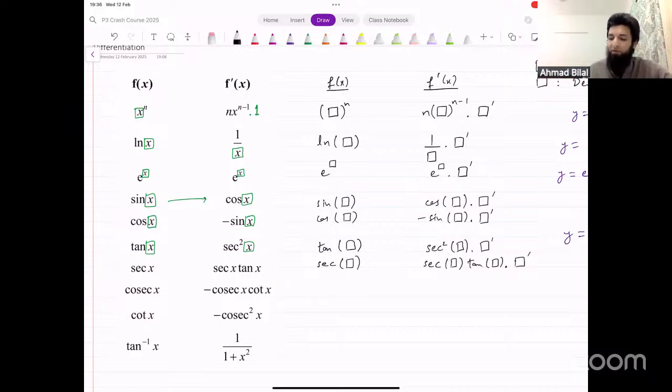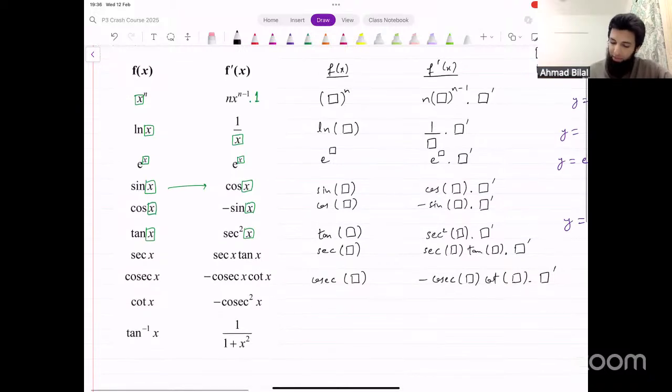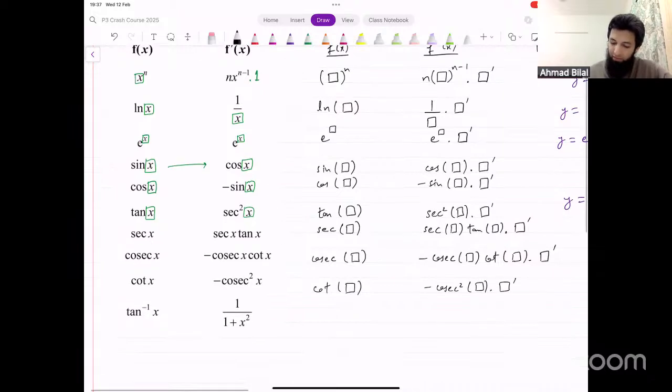Similarly, if you have cosecant of anything, the derivative would be minus cosecant of that thing into cot of that thing into the derivative of whatever x is replaced with. Then we have cot of anything. Derivative of that is minus cosecant square of that thing into derivative of that. And then finally, if we have tan inverse of anything, what does the rule say?